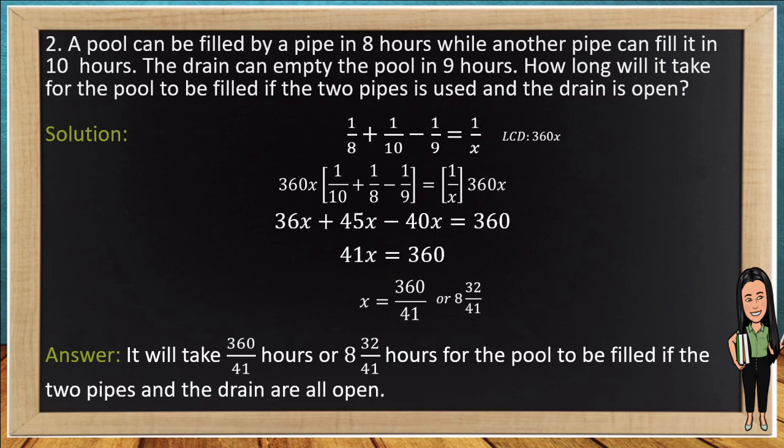Dahil ito ay hours uli, yung 32 over 41, pwede natin siyang i-convert into minutes. Multiply lang natin siya by 60. Hindi rin siya exact, so approximately 46.8 minutes. Pwede natin itong isulat as 8 hours and 46.8 minutes instead of in fraction, pero itong answer natin ay okay na din naman.